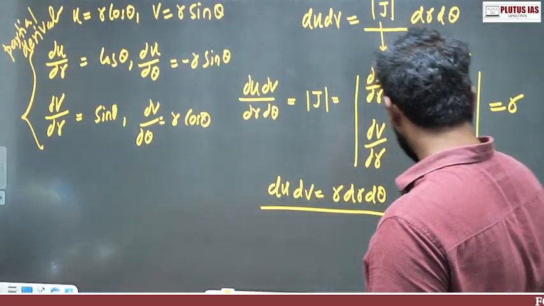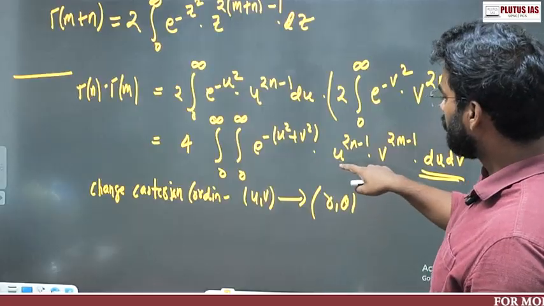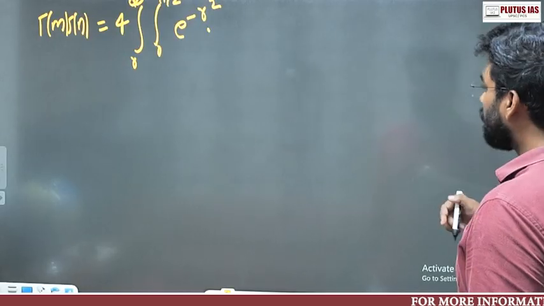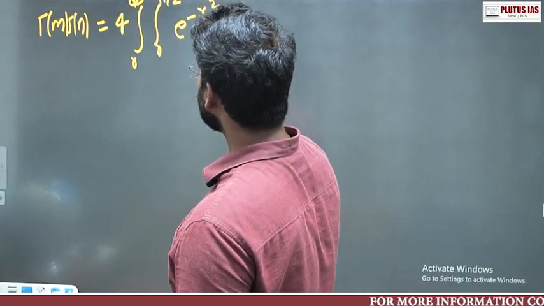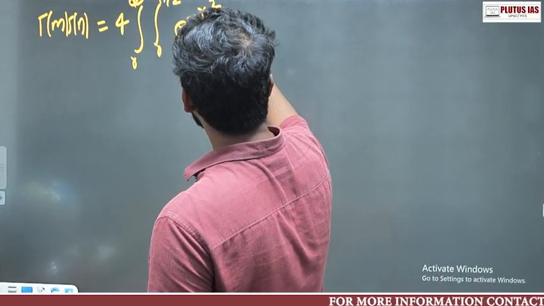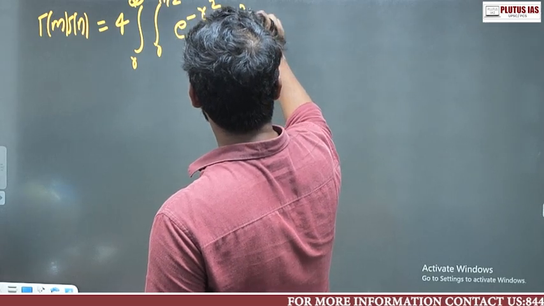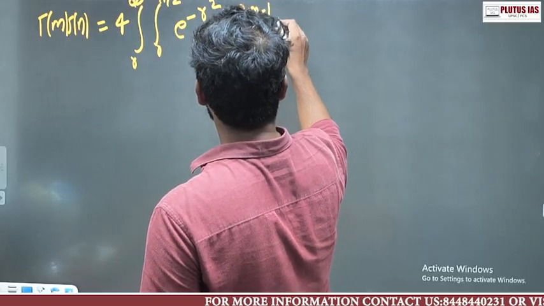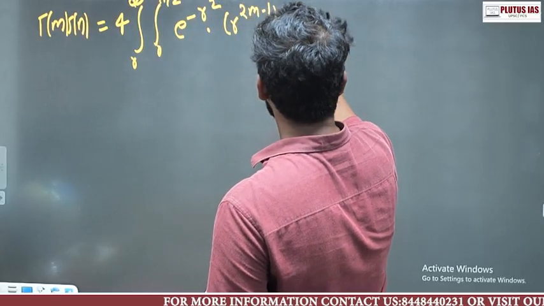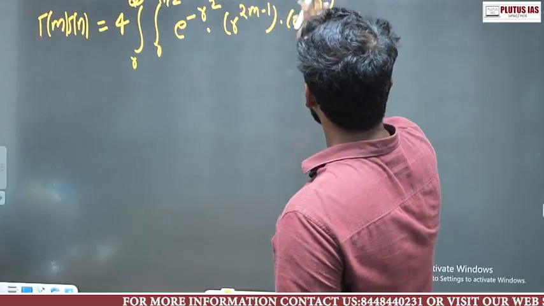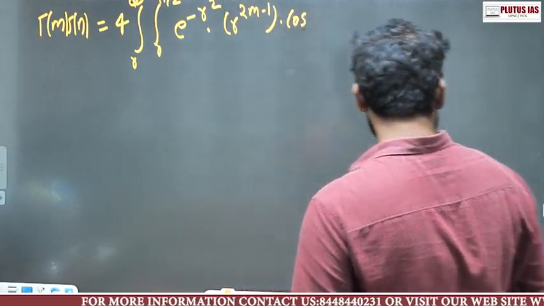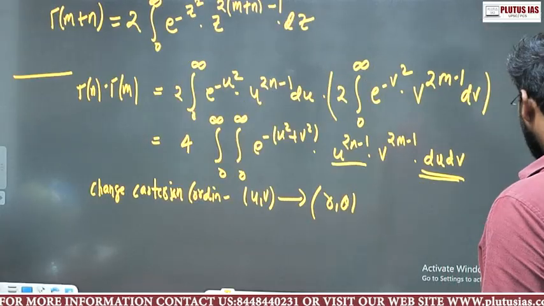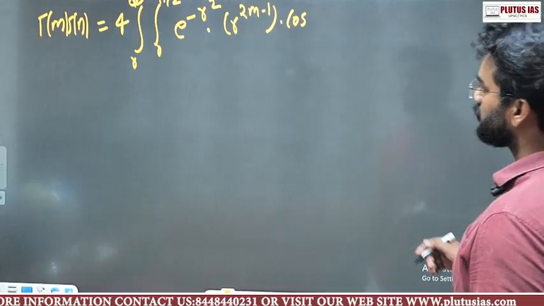u to the power 2n minus 1 and v to the power 2m minus 1. Okay. So u is r cos theta and v is r sin theta.